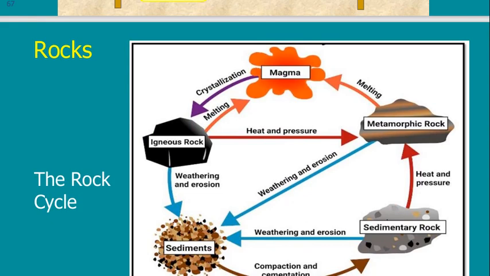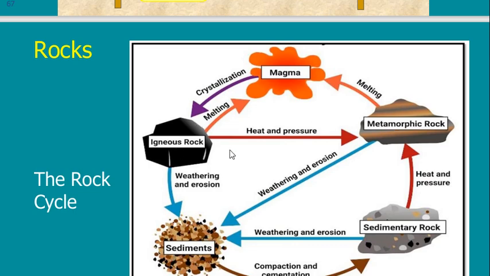Rocks. The rock cycle is very, very important. I have to know the types of rock. I have igneous rock, metamorphic rock, and sedimentary rock. These three types of rock can be weathered or eroded to end up as sediments.